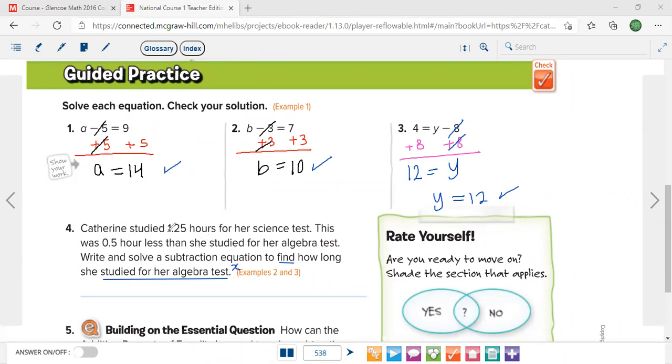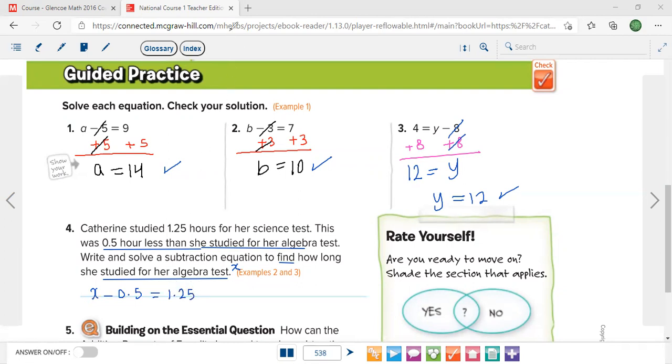Now, Catherine studied 1.25 hours for her science test, and this was 0.5 hours less than she studied for her algebra test. Means algebra minus 0.5. So x minus 0.5, this will be 1.25.